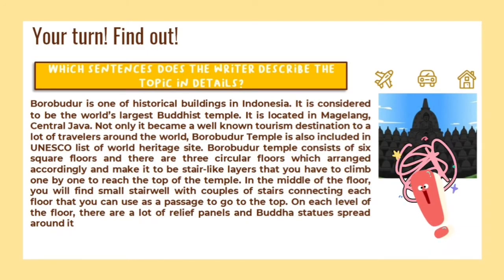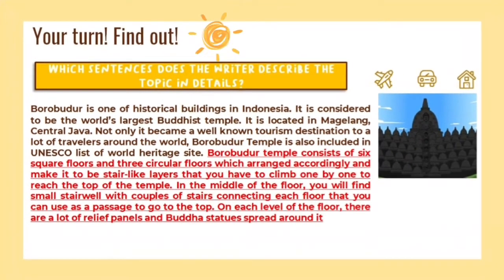Now it's your turn to find out which sentences the writer uses to describe the topic in detail. Let me help explain the detailed description in this text. Borobudur Temple consists of 6 square floors and 3 circular floors which are arranged to make stair-like layers that you have to climb one by one to reach the top of the temple.